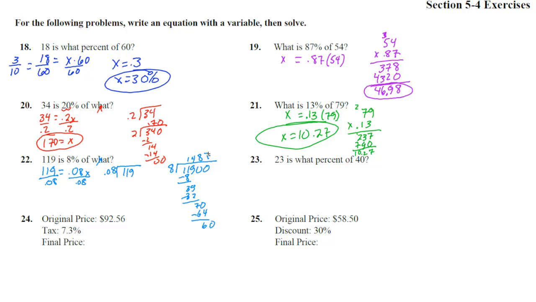That's a 7. 7 times 8 is 56. Subtract, and we get a 4. We're going to use a decimal here. 8 goes into 40 5 times. So x is 1,487.5.